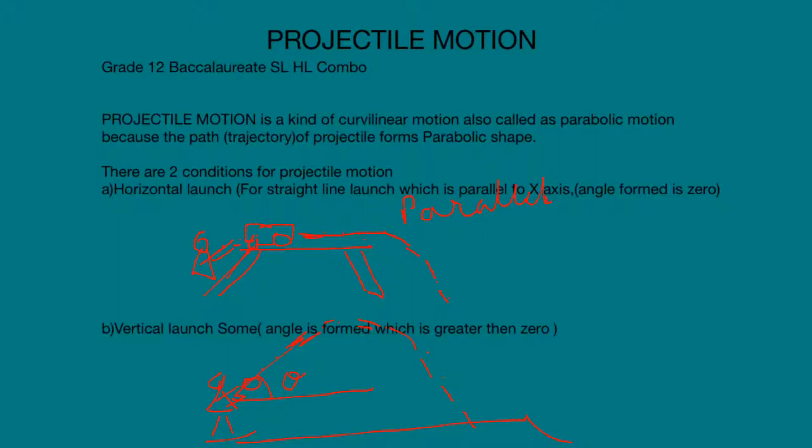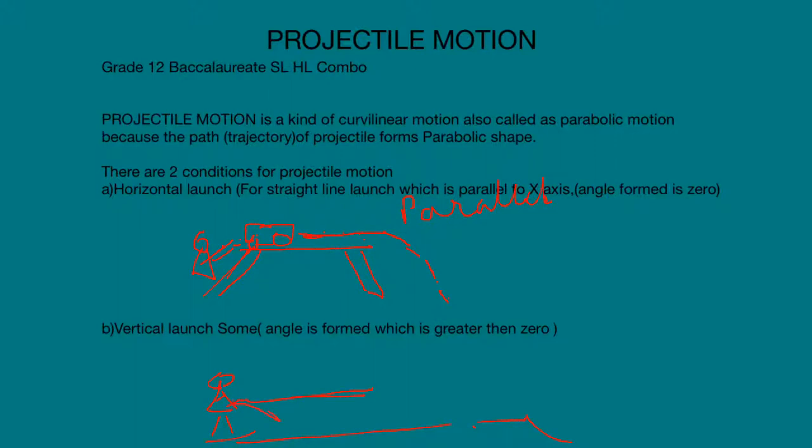And instead of throwing it upward, if the person throws it downward, then also it is vertical launch. I will explain. Here the person is standing, this is parallel, so he is not throwing in this direction.